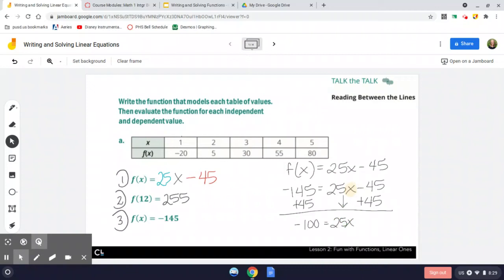And our 45s cancel. Okay. Divide both sides by 25. Negative 100 divided by 25 is negative 4. And 25 over 25 cancels out, and we're left with x.